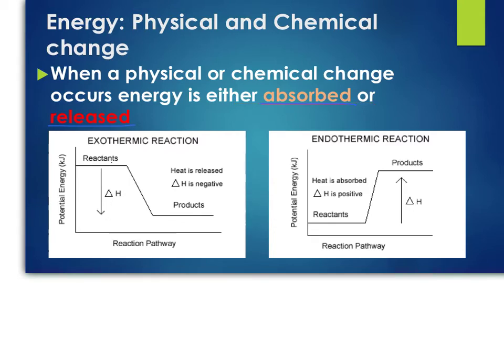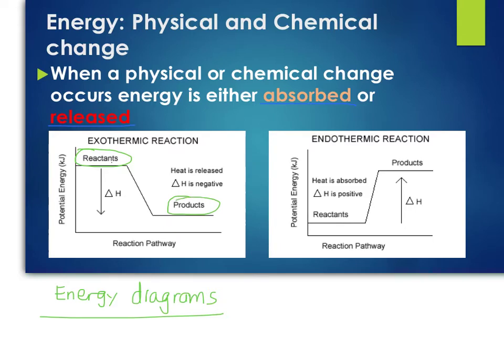So these are called energy diagrams. And it shows us the energy change that occurs. Remember, the substances we start with, they're called reactants. Whatever we end with, they're called products.